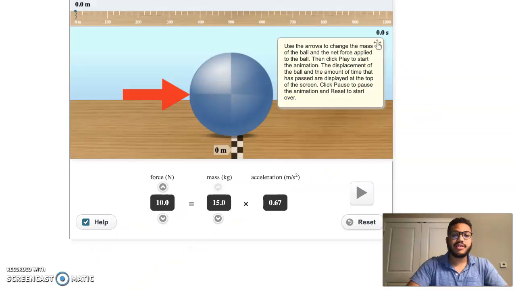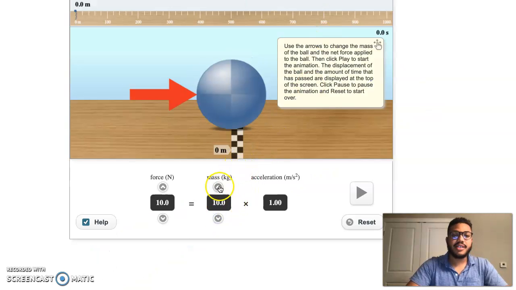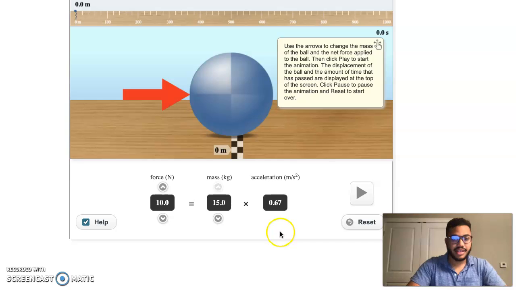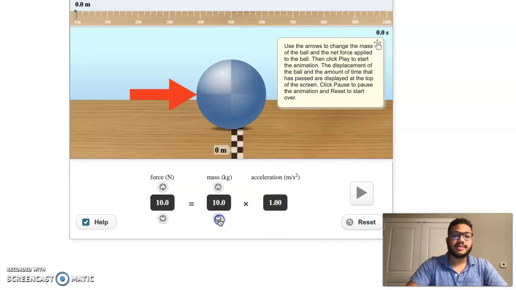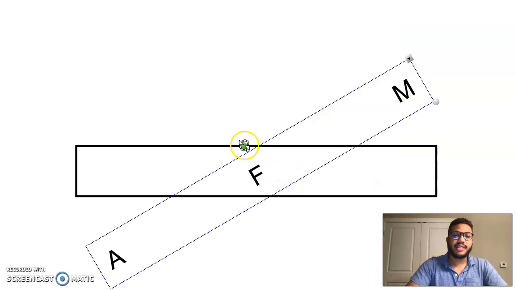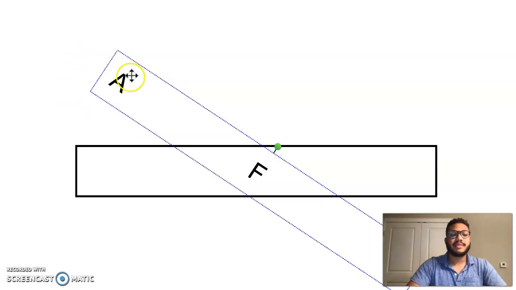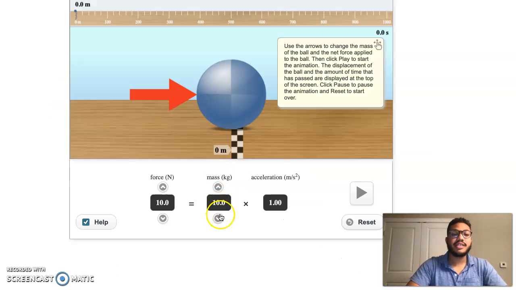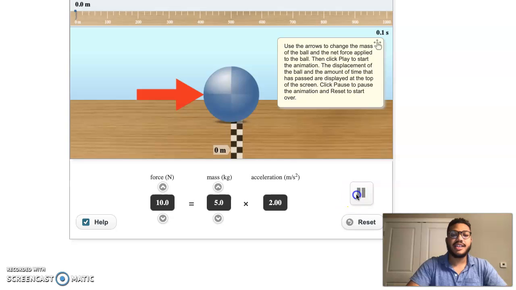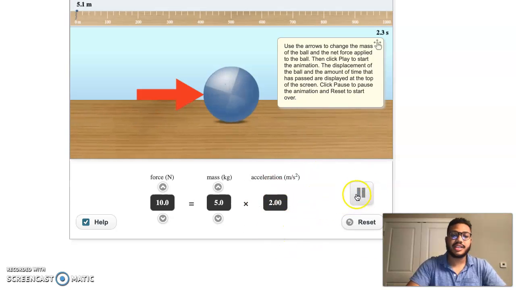And so let's go ahead and confirm that with our little diagram. If we increase the mass, the acceleration decreases, and that corresponds to our diagram. And so if we decrease the mass, we should have an increase in acceleration. Let's go ahead and decrease. And yeah, the acceleration is now 2 meters per second squared.